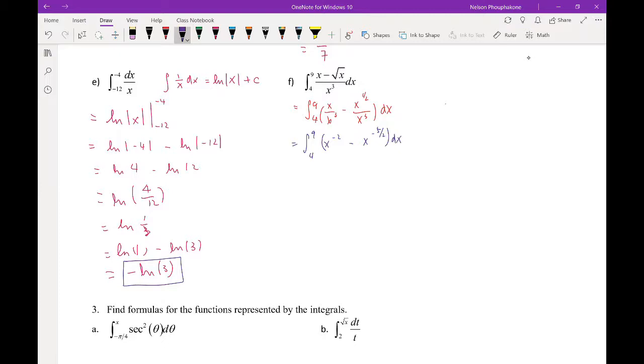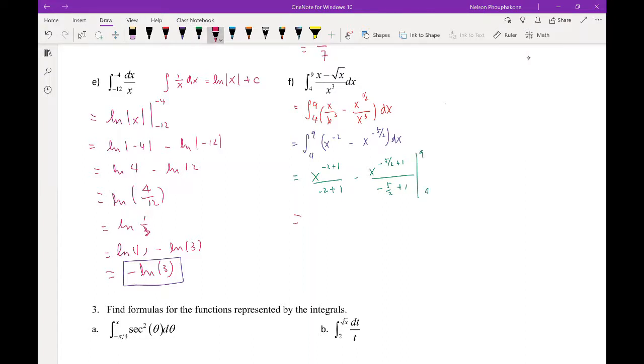Okay. And then now we could apply the rule. So I will have x to the -2 plus 1 over -2 plus 1 minus x to the -5/2 plus 1 over -5/2 plus 1. Okay. Evaluate between 4 and 9.